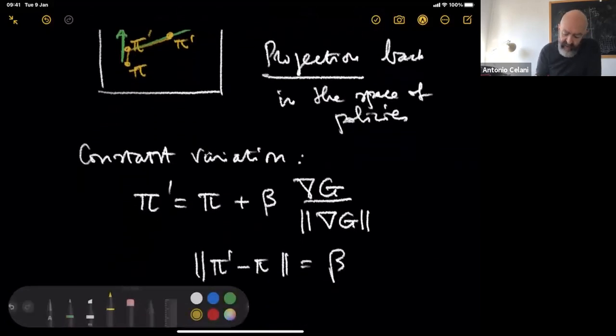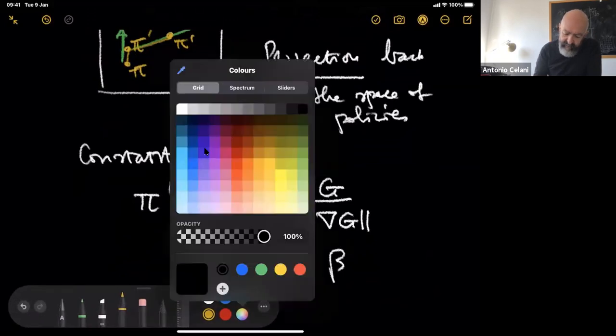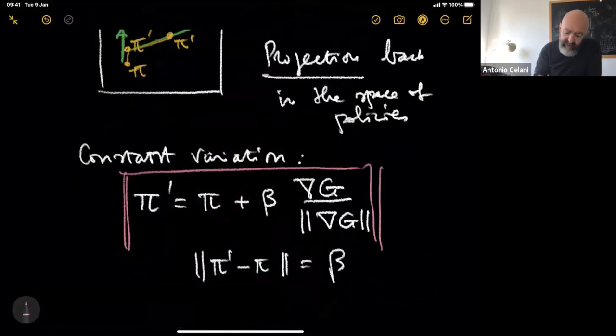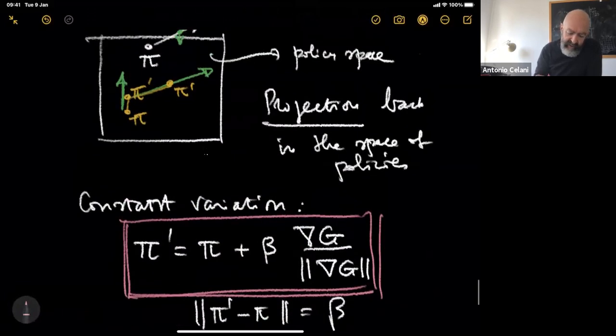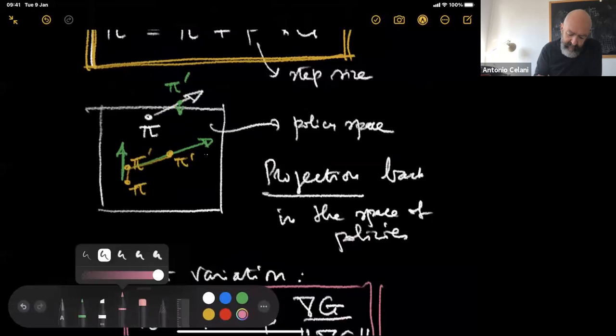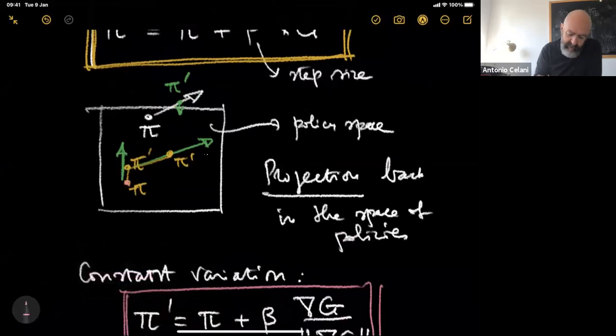What this other algorithm does is that it moves along the same directions. So it always starts from pi. And then it goes by the same length, always the same length. So all steps are of the same length. So it moves more uniformly in the space of policies, which is also a reasonable option.